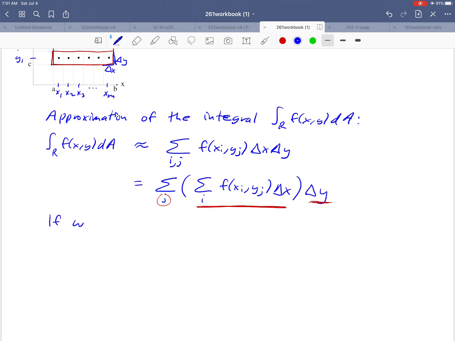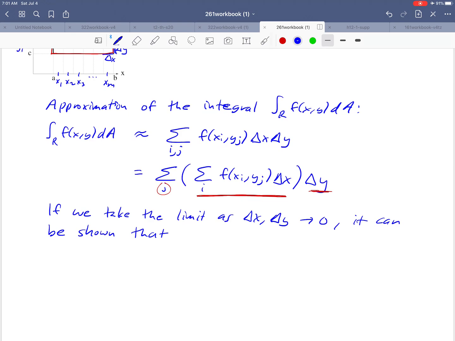If we take the limit as delta x, delta y go to 0, it can be shown that we've essentially taken this double integral and divided it into two separate Calculus 1 integrals.